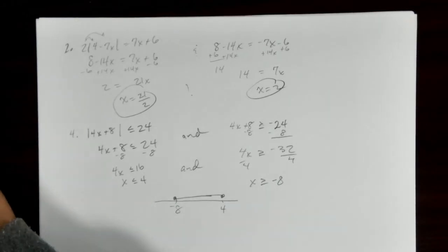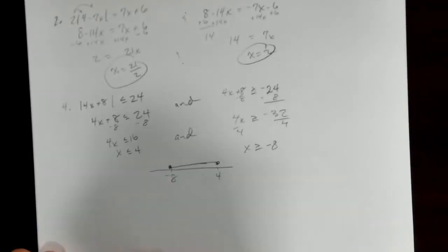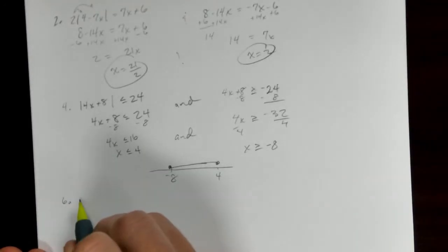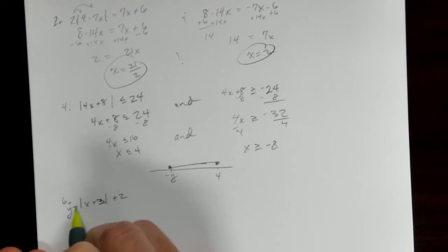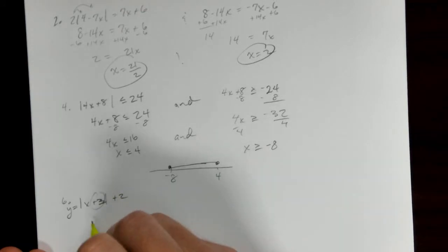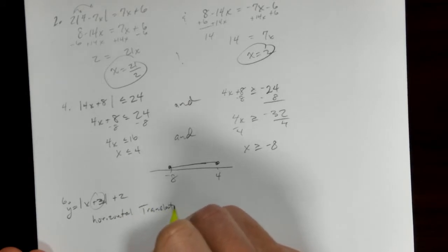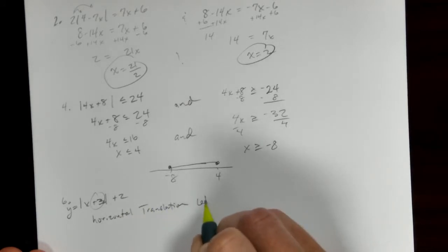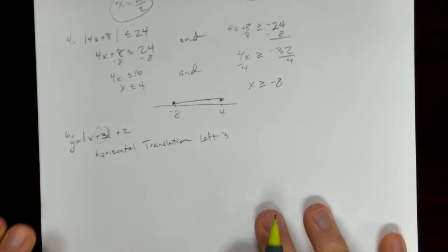Looking at number 6, we're going to find the domain and range of the absolute value function. So we've got the absolute value of x plus 3, plus 2. All right, so now what transformations took place? We had a horizontal translation, left 3. It's inside the absolute value, and it's a positive.